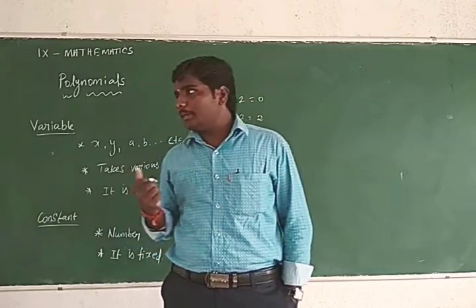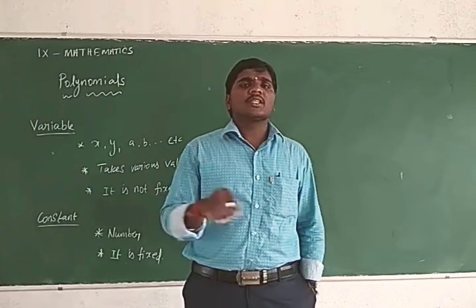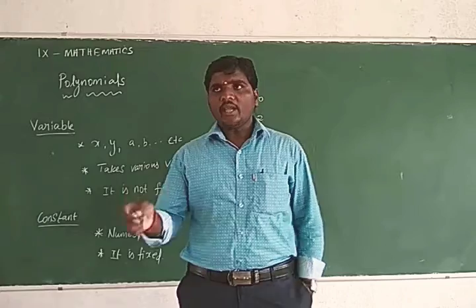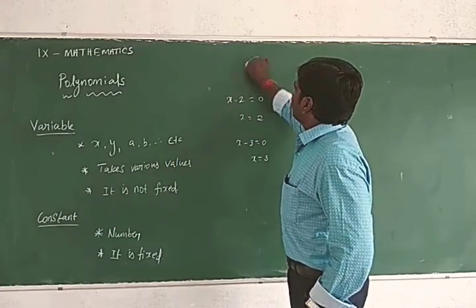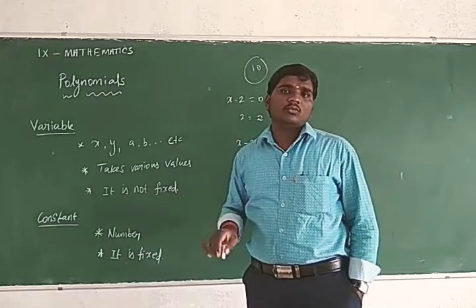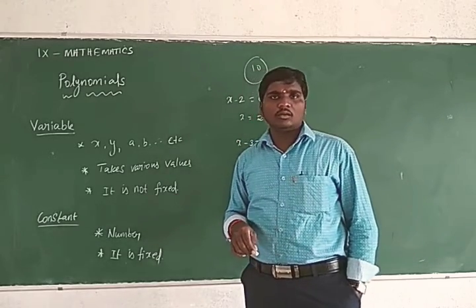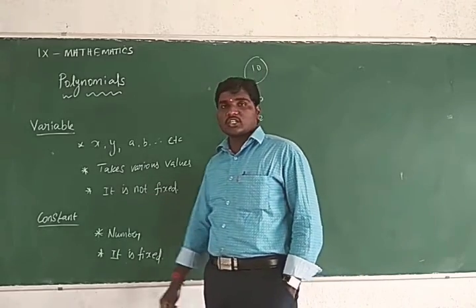Any one number, real numbers, we can use. That is a constant. It is fixed. For example, 10. This value is always 10 only. For one question 10, for another question 5? No. So it is a constant.